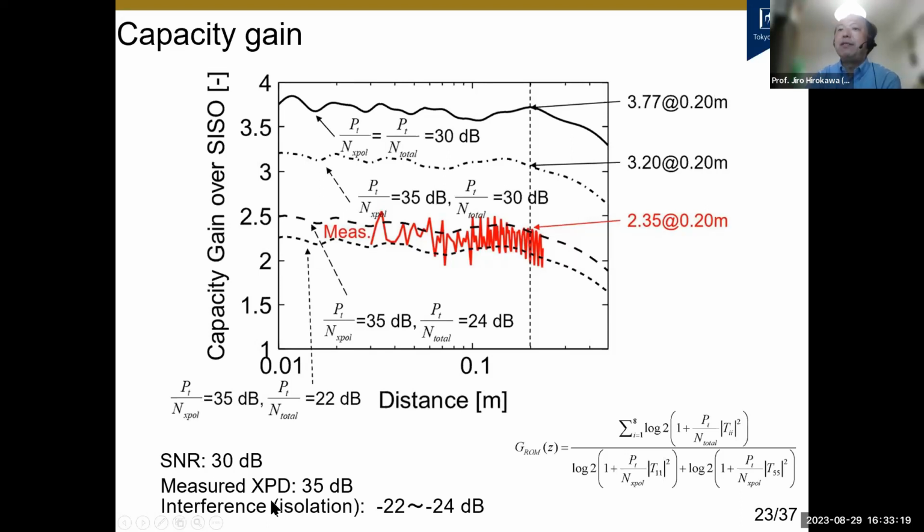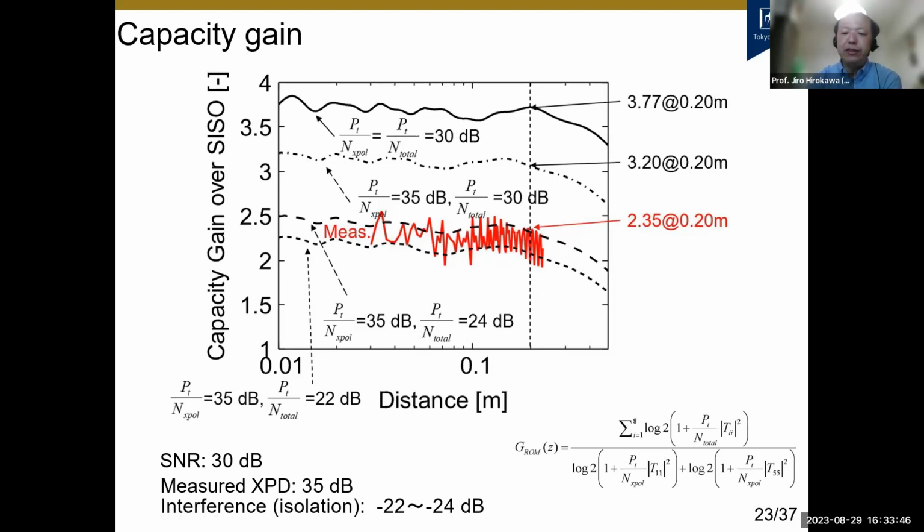And we confirm the measured XPD is 35 dB, which is related to the ratio PT over N cross polarization, 35 dB. And also, we consider the interference isolation.